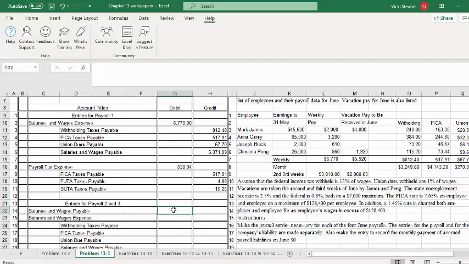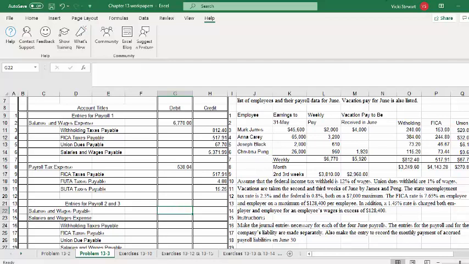Now, in week 2 is when we have employees that are on vacation. And as I stated, when the employees take the vacation, we would be debiting the liability account for salaries and wages payable that we set up when we recorded the vacation expense when it was earned.